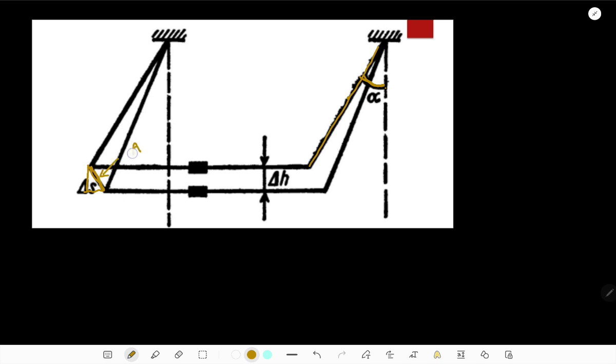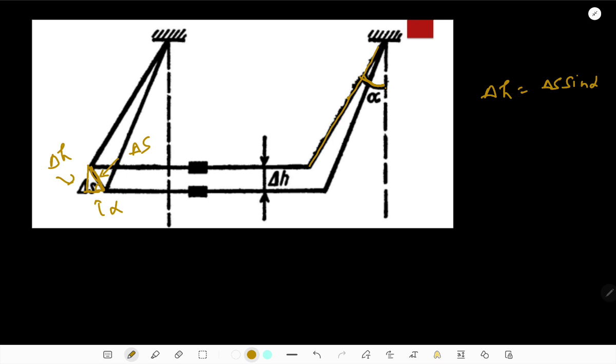So this length is delta s and this length is delta h, and this angle should be equal to alpha, so I can write that delta h is simply delta s sine alpha. Now I can relate the displacement of the bead, delta h, with the velocity of the bead.